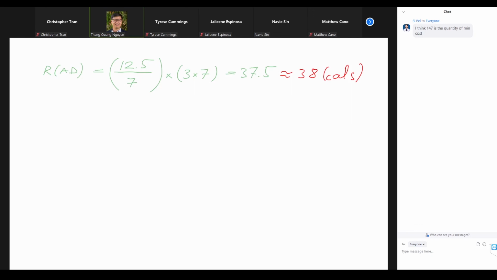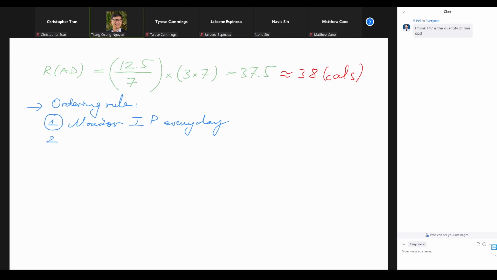Here is how we would use it. We call it an ordering rule. The first thing is we need to monitor the remaining stock every day. We need to monitor the IP every day: how many calculators we have left, including the new shipment, right?